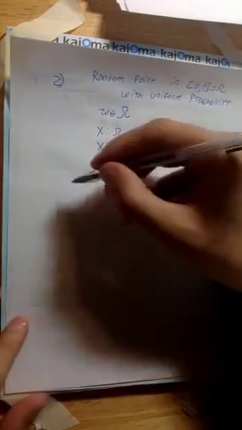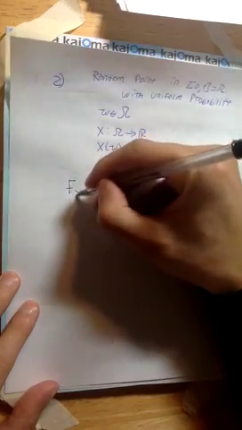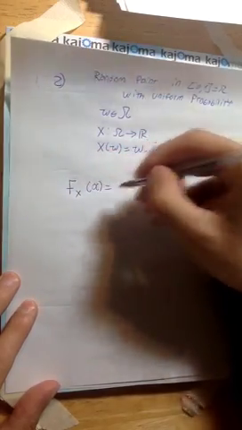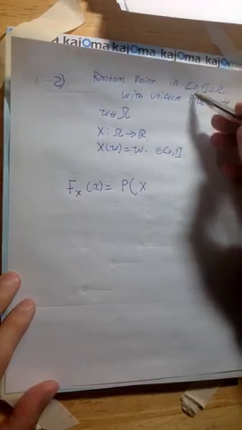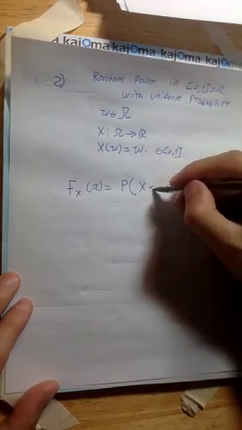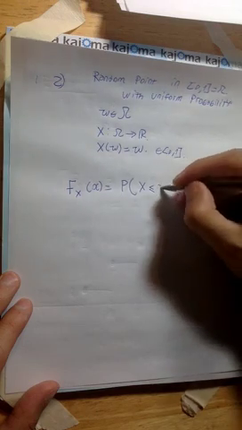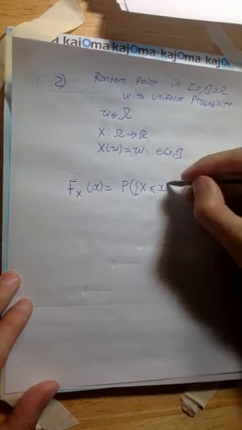For this random variable, we get that F_X of x is the probability that I draw a number that is less or equal than x.